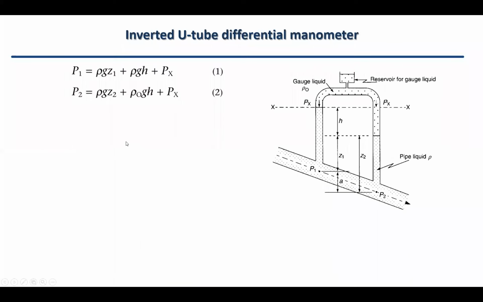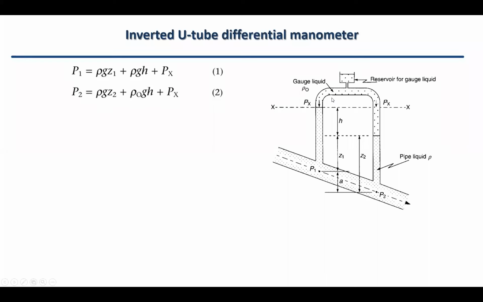Okay, so as a summary, P1 is equal to rho gz1 plus rho gh plus Px. P2 is rho gz2. If we have, for example, other liquids than air, for example if you have oil, here you can write rho 0 gh plus Px.